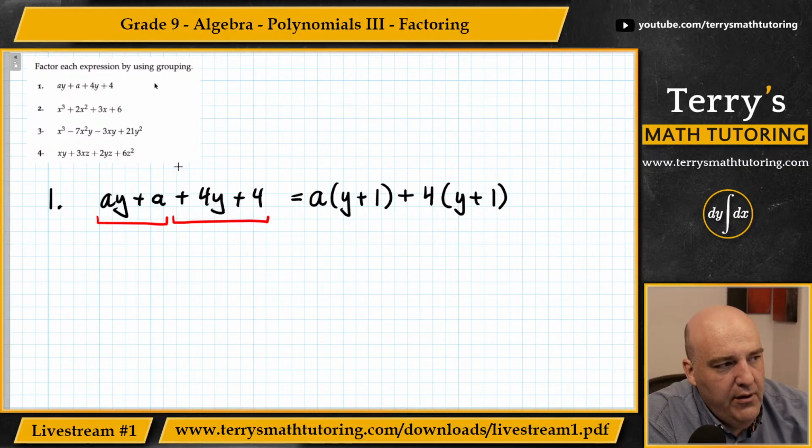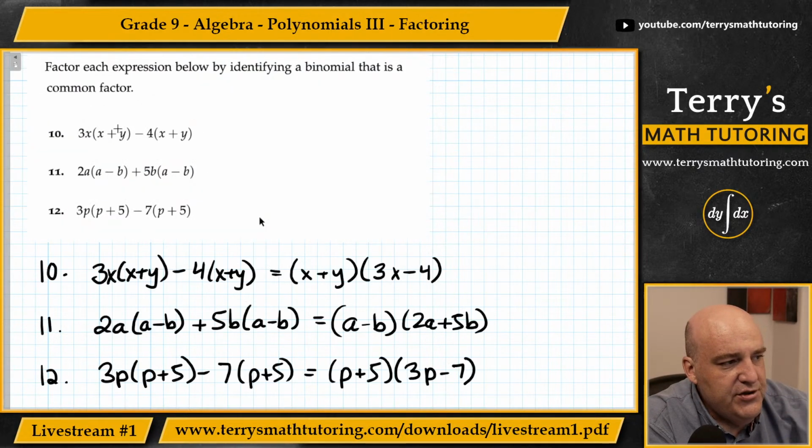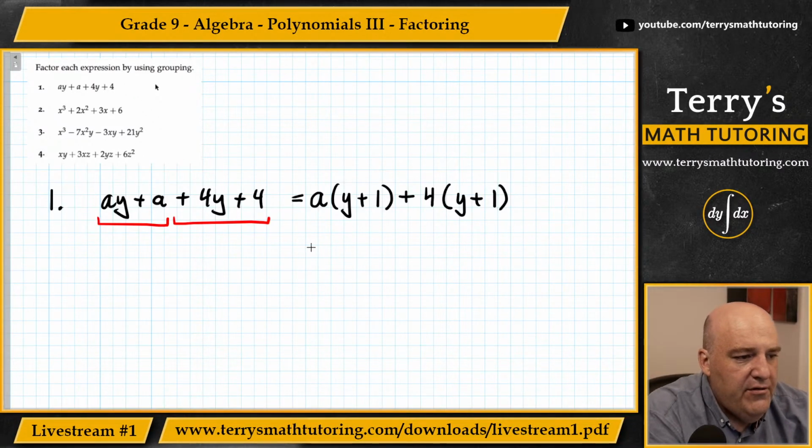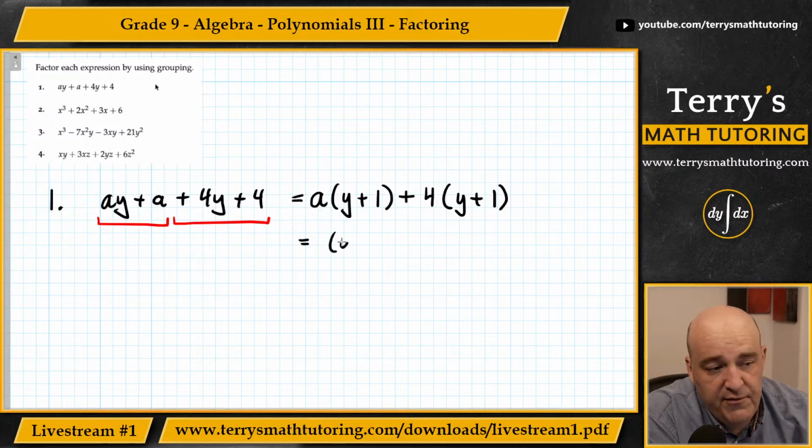So to do grouping, we use common factoring on this pair, and then on this pair. And notice that these are the same now. This is why we did the previous question up here, to warm up for grouping. See, this y plus 1 is common now, and we can pull that to the front as a common factor. So grouping uses common factoring, and then a plus 4 is what's left over.